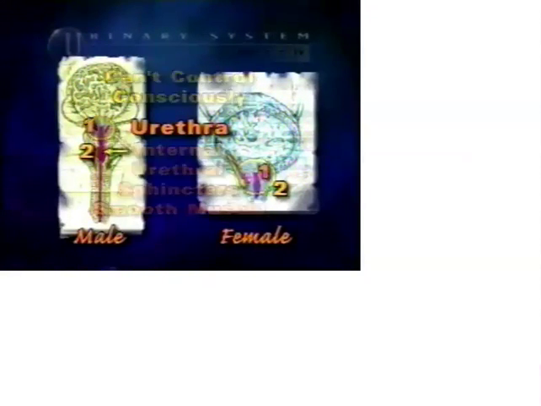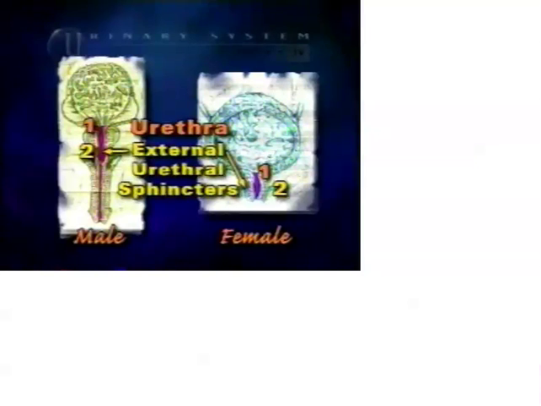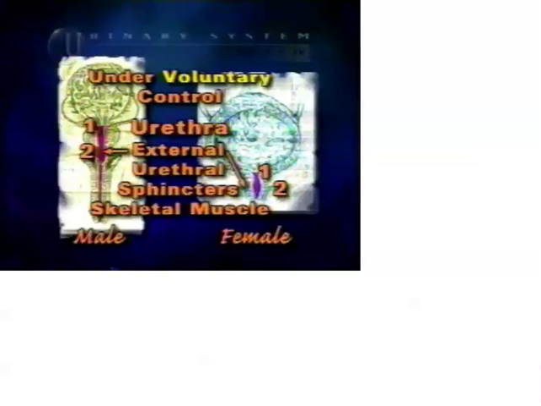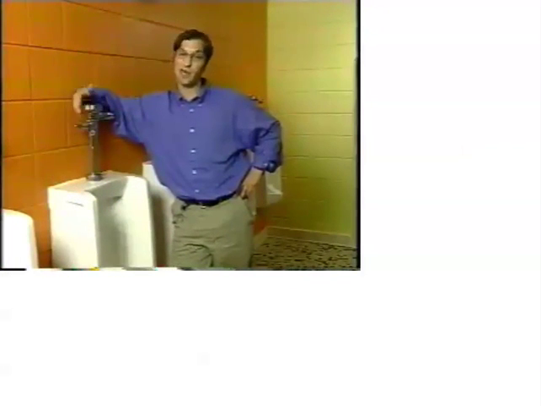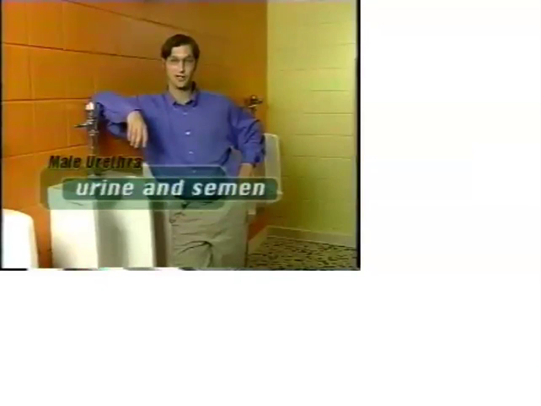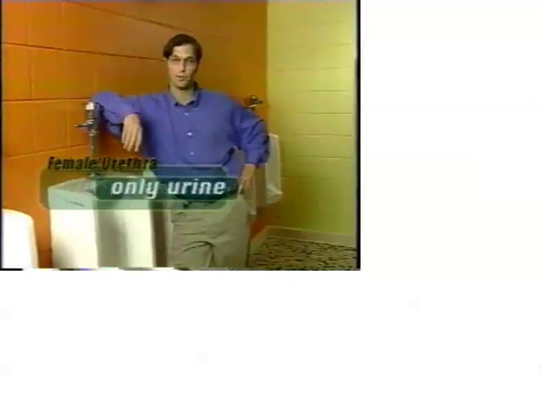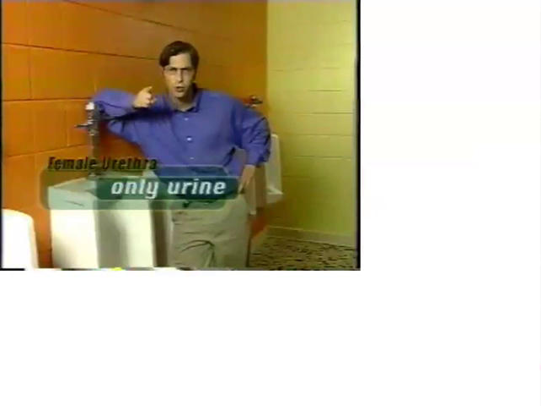The other sphincter in the urethra is the external urethral sphincter. It's made up of skeletal muscle and under voluntary control. We'll go into more details on the sphincters in a sec. Just let us elaborate on the urethra for a bit longer. At 8 inches, the male urethra is a lot longer than the 1.5-inch female urethra. The male urethra also conducts urine and semen, while the female urethra conducts only urine.